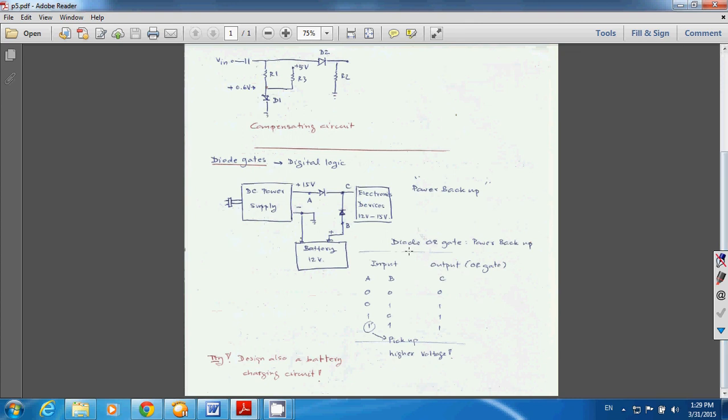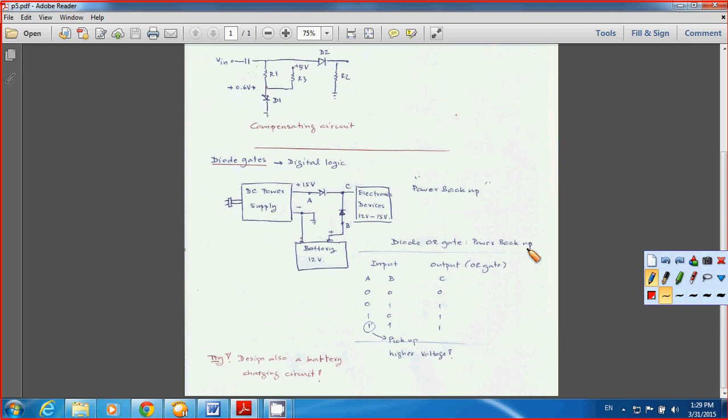The next one is the digital gate or digital logic. Let's say this is for a power backup application. This means that when you have an electronic appliance that requires a supply voltage between 12 volts and 15 volts, and usually you get the power supply from your house.